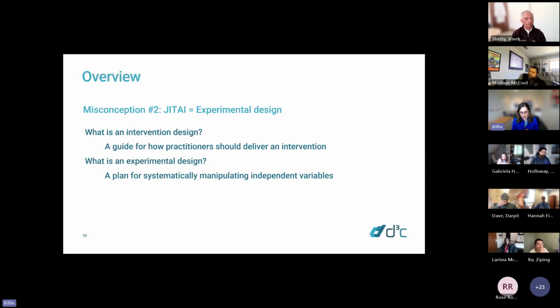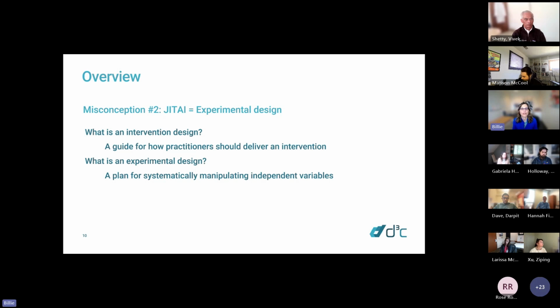An intervention design is the answer to the question, how should practitioners deliver an intervention in practice? And when I say practitioners, what I mean is the entity that delivers the intervention in practice. It can be the coach, the therapist, or the digital technology.